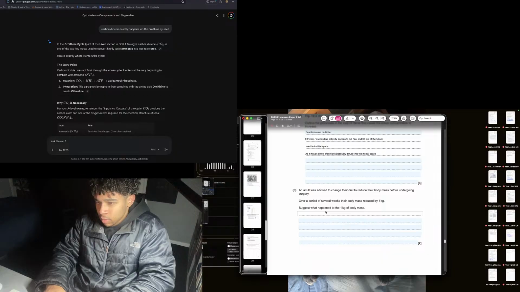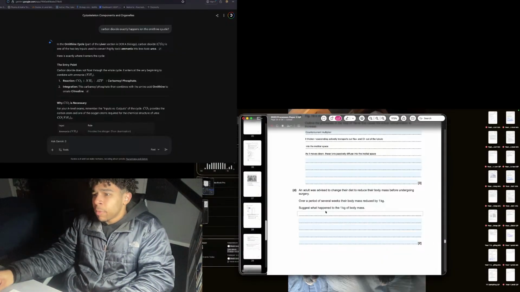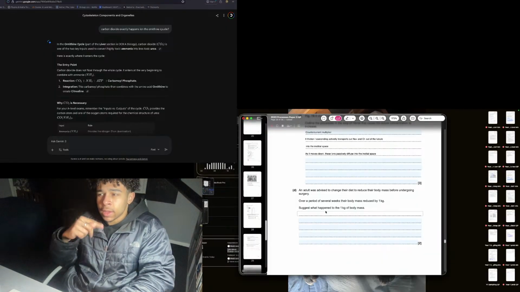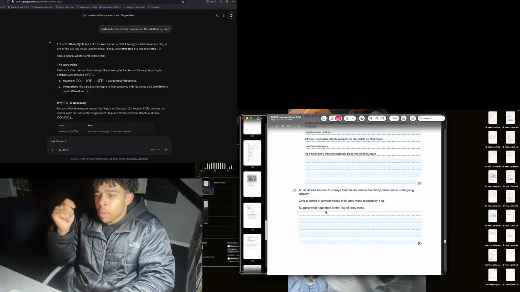Increase in... okay, so it says hypothalamus and it says thermogenic. The hypothalamus is where the heat loss and heat gain center is. So thermogenic set point, I'm guessing, is heat.